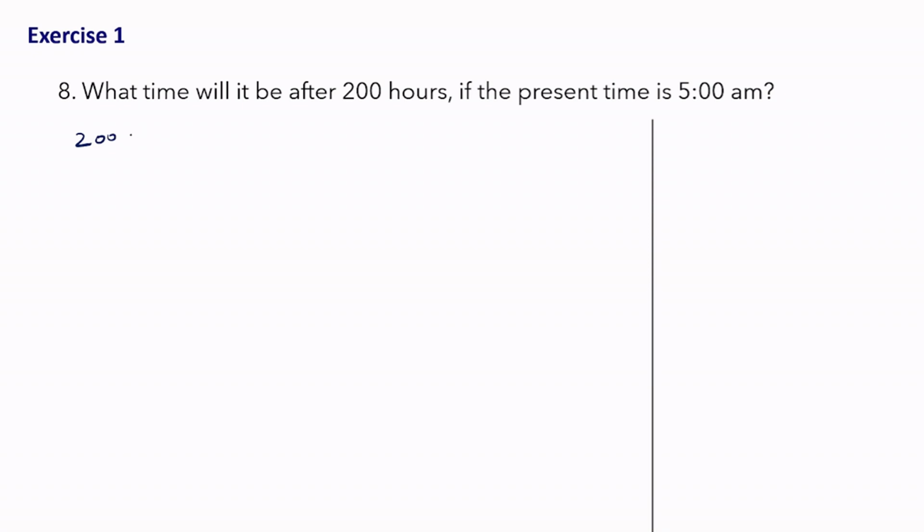So 200 mod 24, when we divide 200 by 24, we get the remainder as 8. So 200 mod 24 is 8.